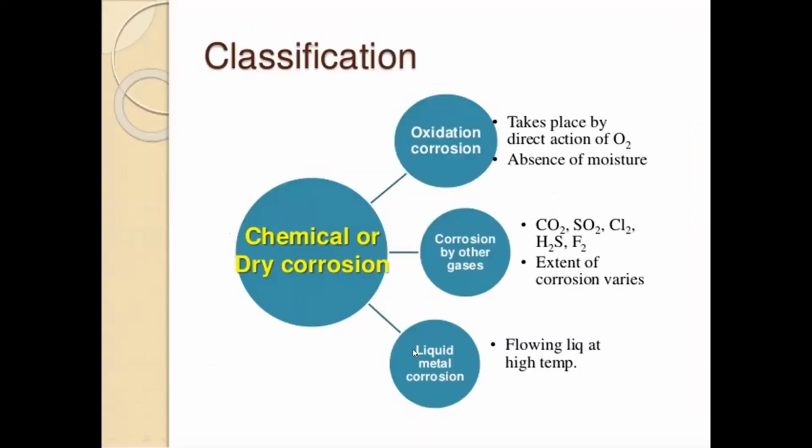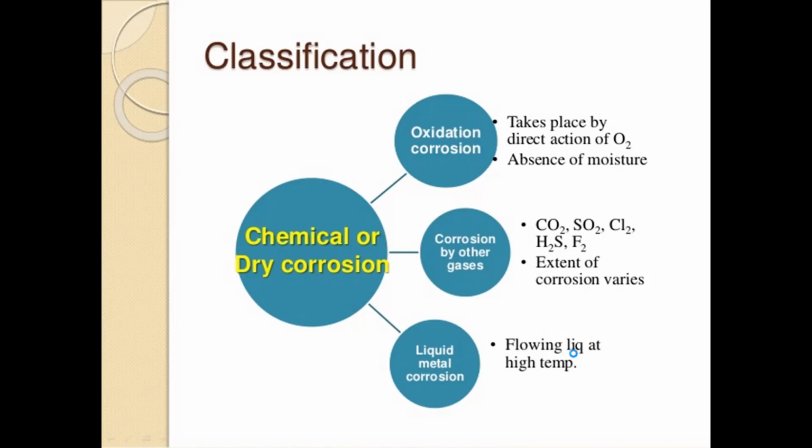Now the third type of dry corrosion is liquid metal corrosion. From the name, you can tell that the metal surface gets corroded by flowing liquid at high temperature.